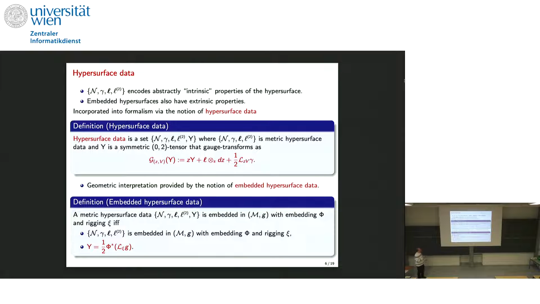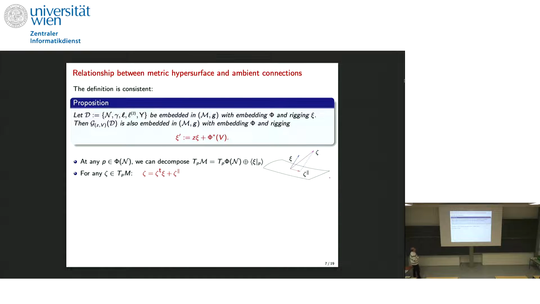Okay. Now going back to your question, the rigging was highly non-unique. We intended to encode this into the hypersurface data by the gauge group, but these two things have to be well connected, and this is what this result tells you.